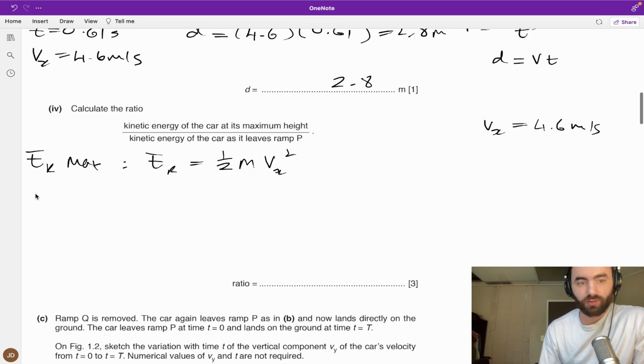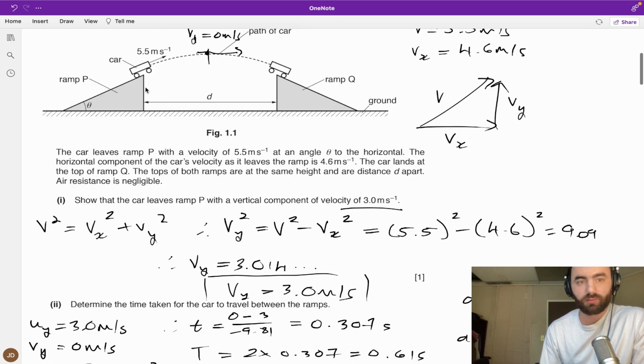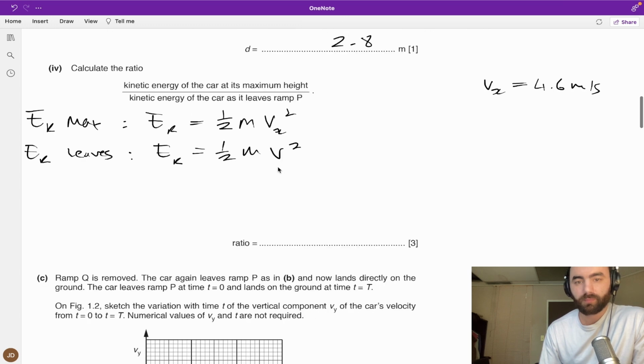And the kinetic energy when it leaves the ramp is just going to be a half m times v squared, because that is the velocity when it leaves the ramp, and this is the velocity at the top.